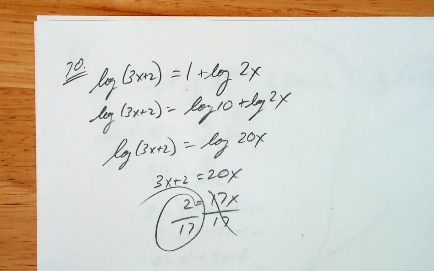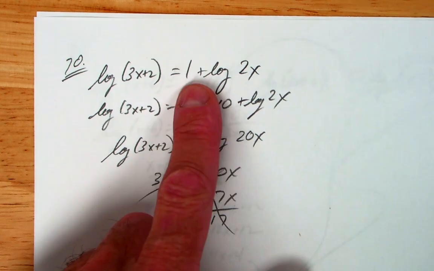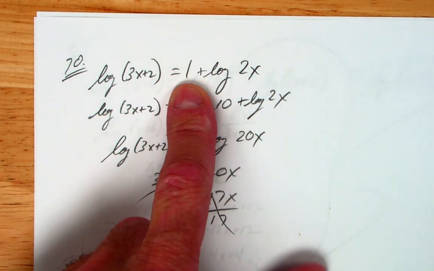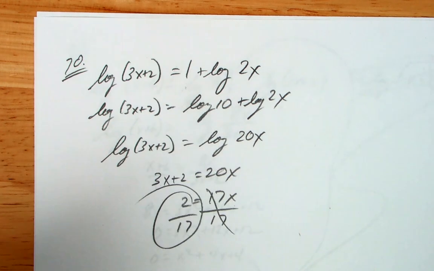Okay, so I'm going to give you a couple of problems today where you have to go from a number, use your knowledge of logs, and replace that with a log so you can combine it with other logs.